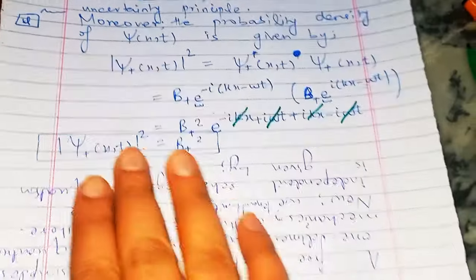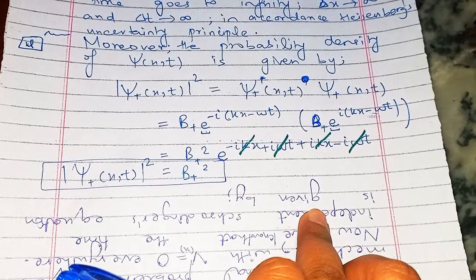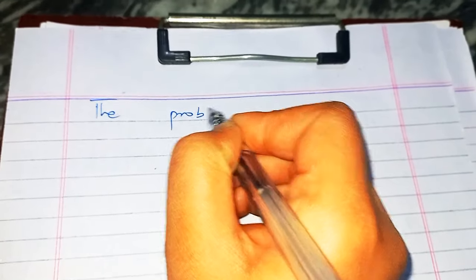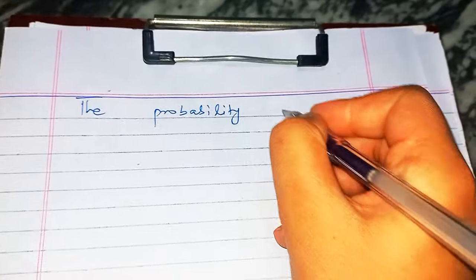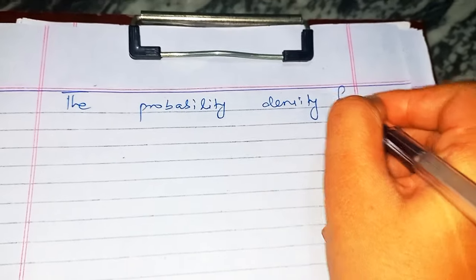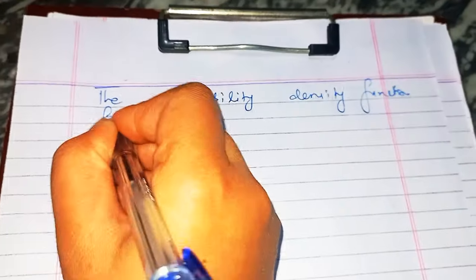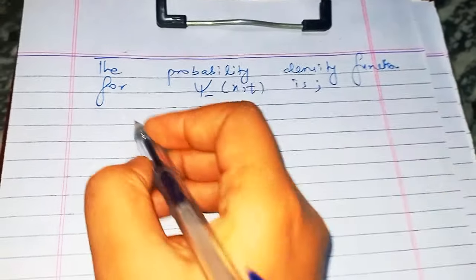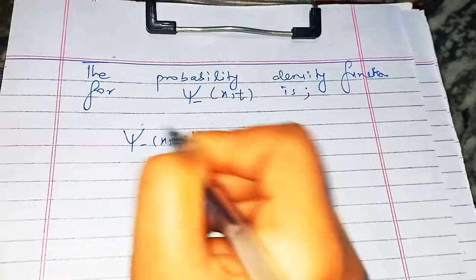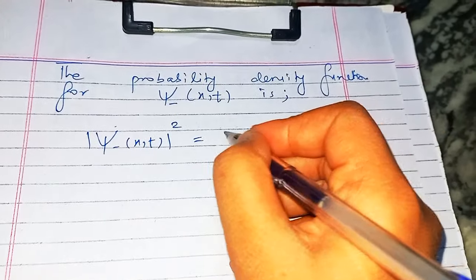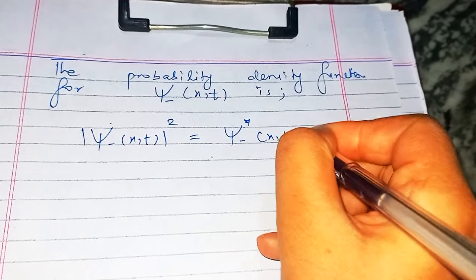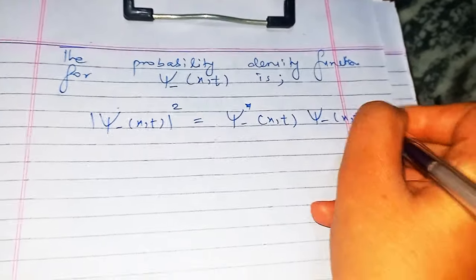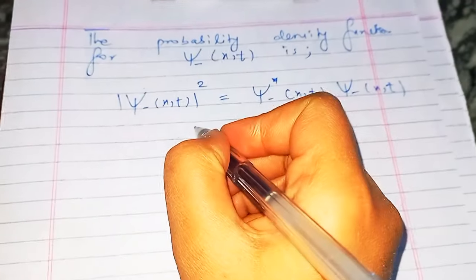That is what I said before, but let's calculate it for the other chunk and we will have some words on it. The probability density function for the negative solution, or we can say psi minus x,t, is modulus psi minus x,t squared, and that equals psi minus star x,t times psi minus x,t.